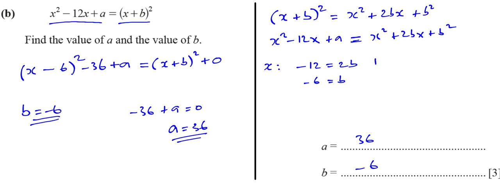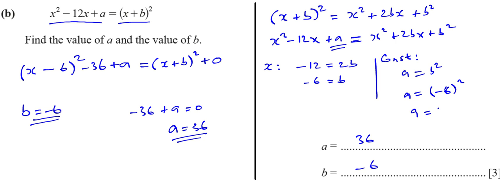And if I compare the constants, the numbers without any x's, the constant on this side is a, and the constant on this side is b squared. So that means a must be b squared. We know b is minus 6, so we have minus 6 squared, which gives us 36.